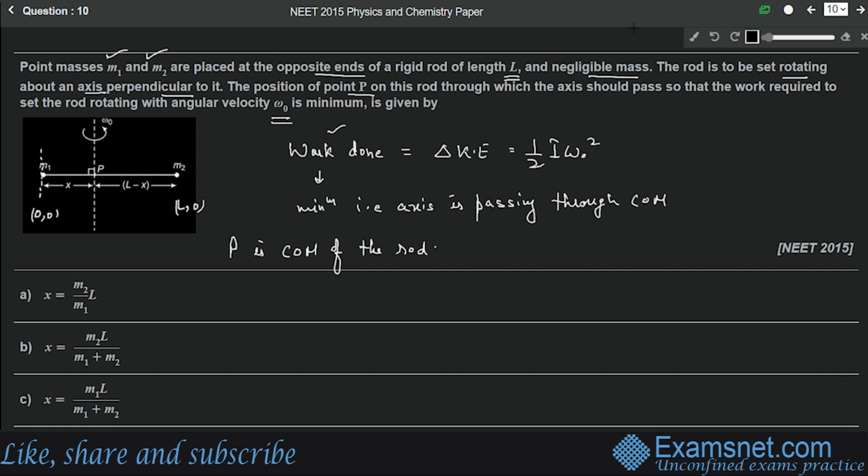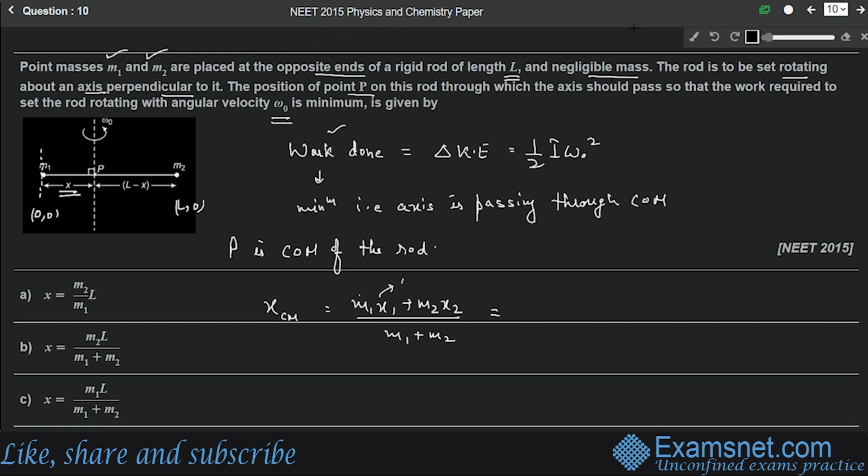So we have to find the position of this P. That means we have to find this distance x. Okay. So x_cm will be equal to m1x1 plus m2x2 upon m1 plus m2. Simple formula. Let's put the values. x1 is 0, okay, because m1 is at the origin.